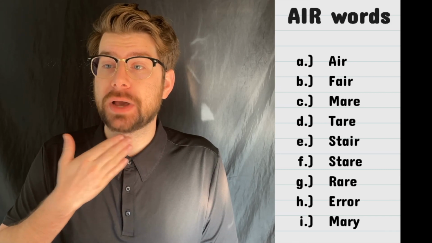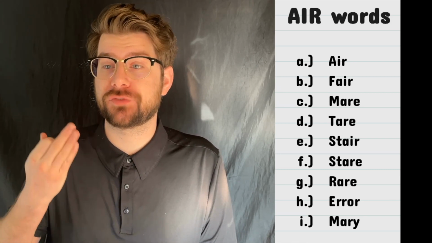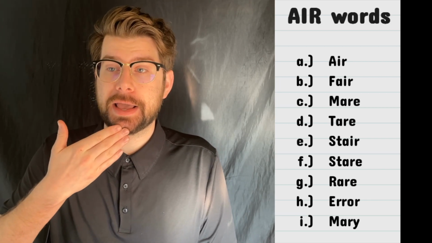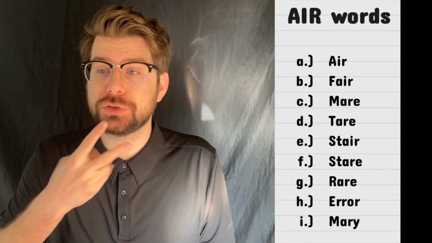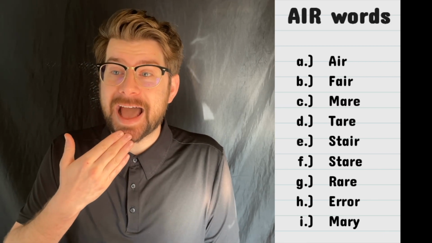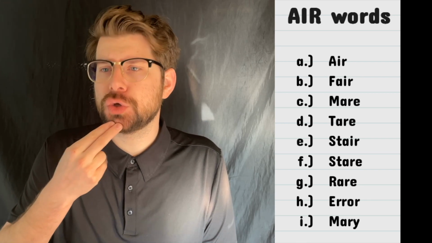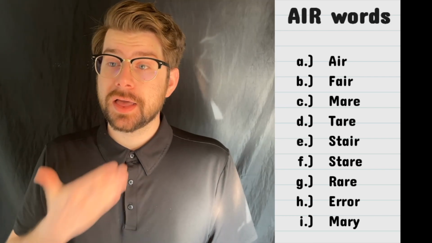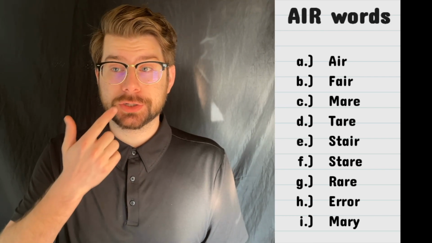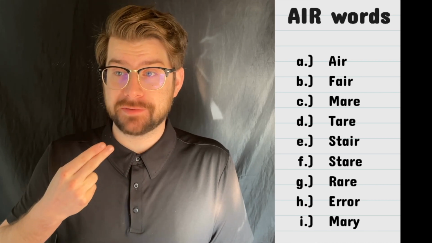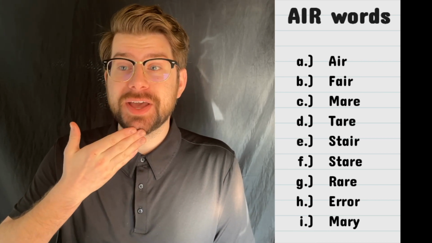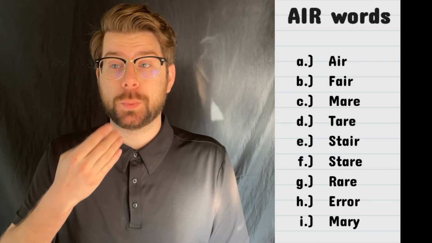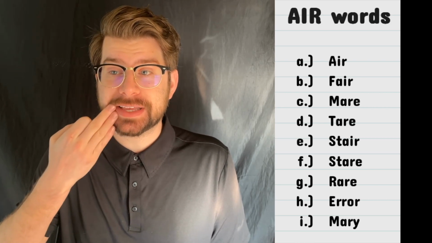So when we cue it, we go from the chin to the mouth. Error, error. And finally, similar to error, we have Mary. Mare, ee, but when we put it together, it's Mary.